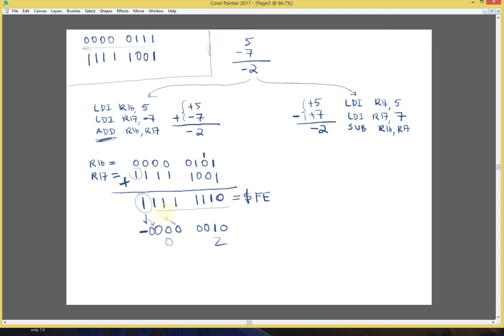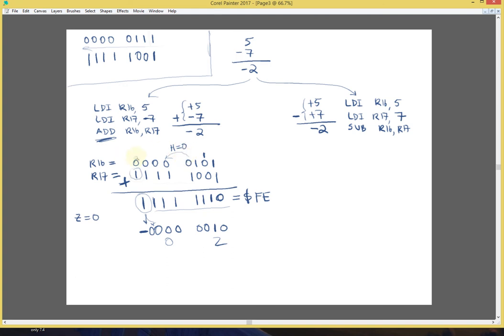But do we have the same flags? Let's see. There was no carry. First of all, it's not 0, so the Z flag is going to be 0. There was no carry from bit 3 to bit 4, so the half carry is 0.